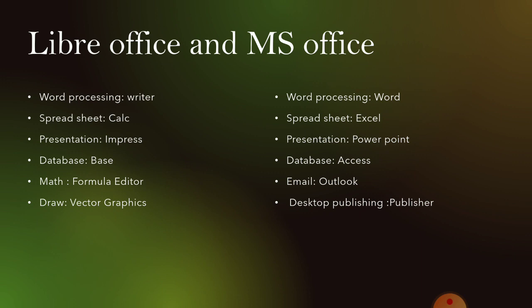It is from Microsoft, so most people use Gmail as mail software, but you can also use Outlook. For desktop publishing, if you want to publish something, you can use Publisher as software.